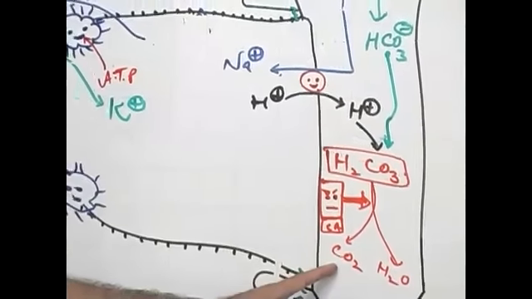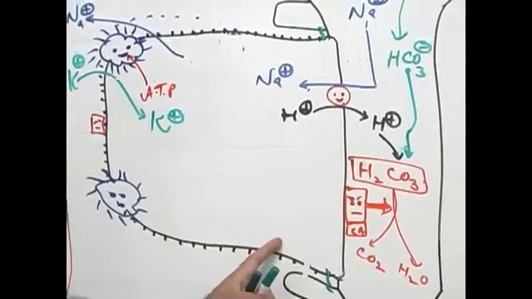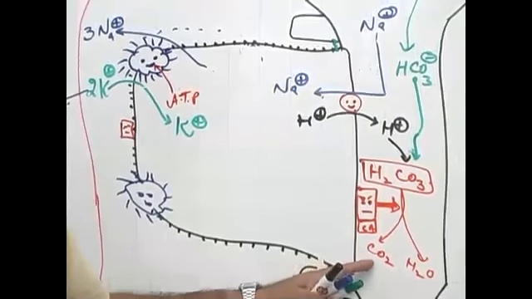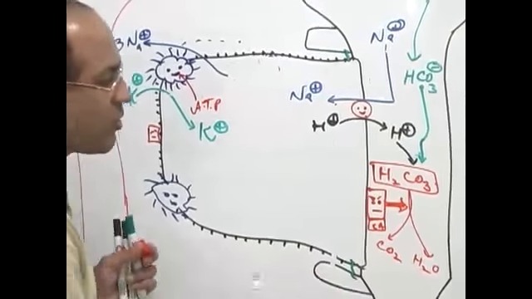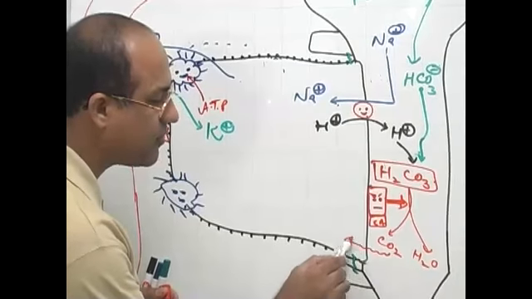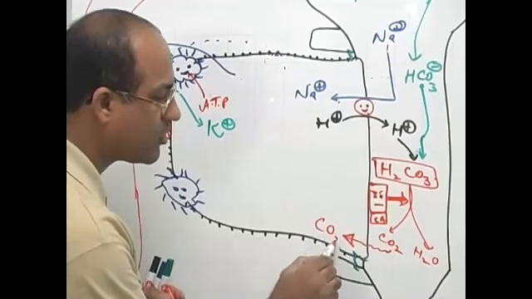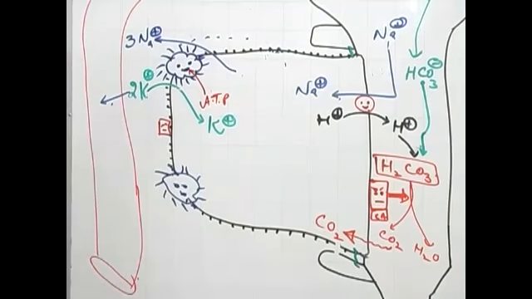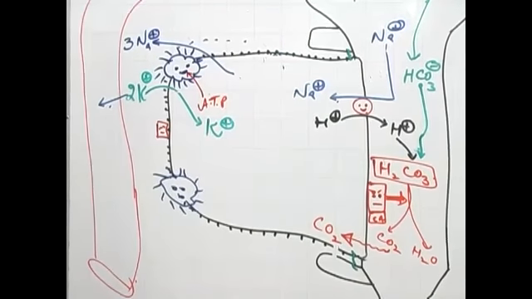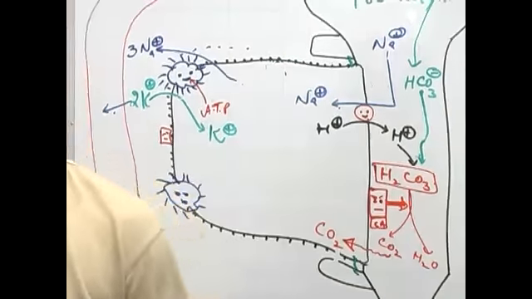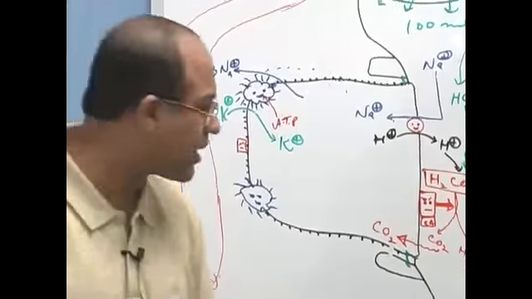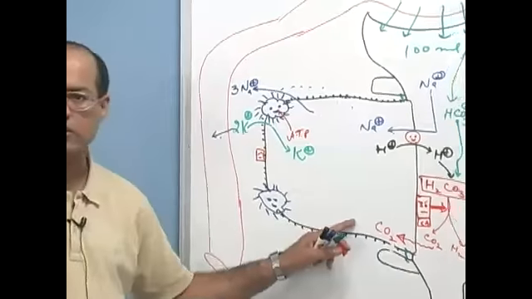Of course, it will move from high concentration to low concentration, and carbon dioxide is lipid soluble, so it will very easily slip into the cell. So the cell receives carbon dioxide from the luminal side, plus cells also produce carbon dioxide themselves.